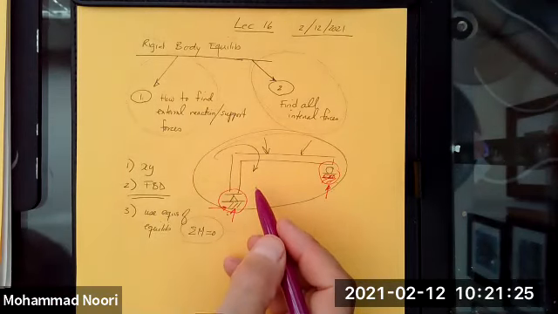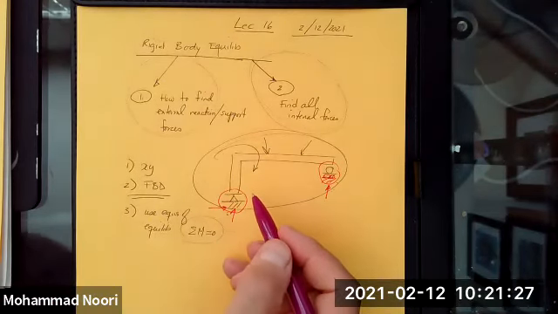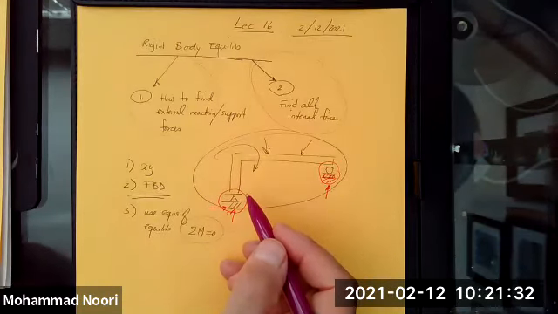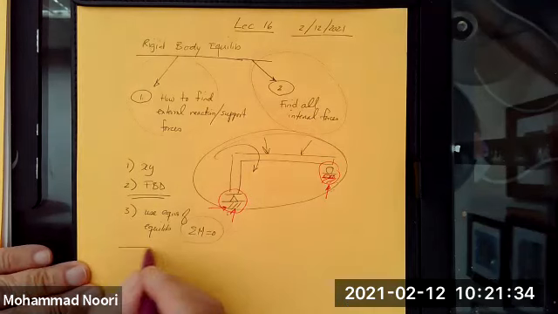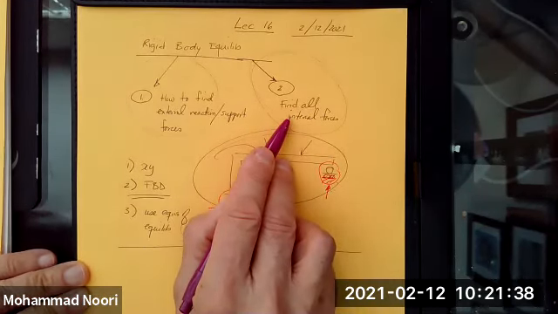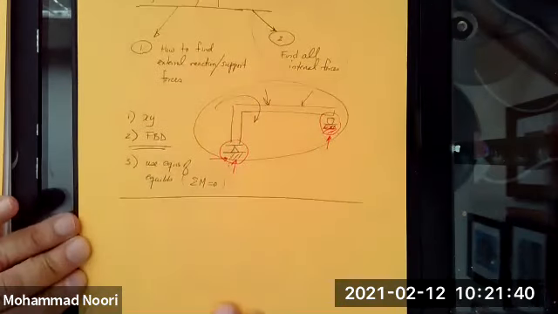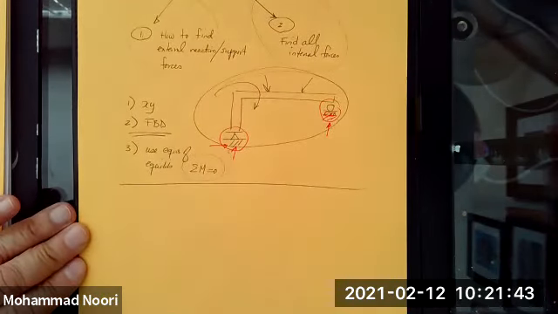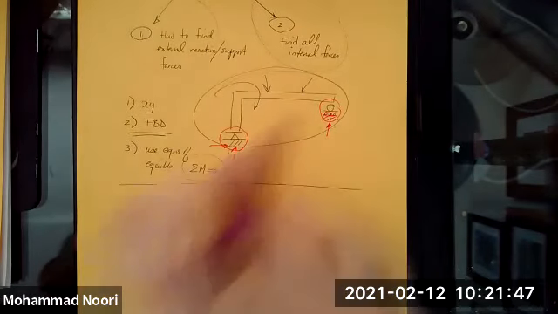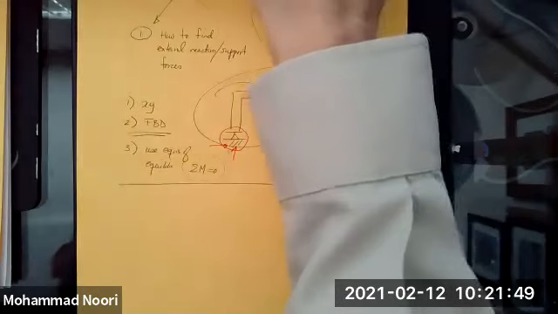So now what we are going to do, we're going to move to the next step, and that is internal forces. How do we find internal forces in a structure? First of all, we are not going to look at all possible structures in the world.